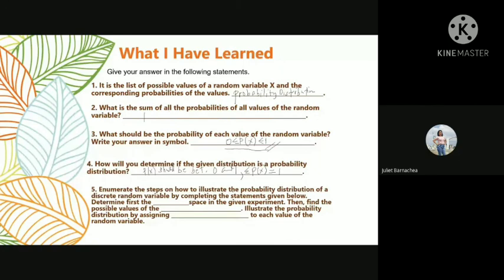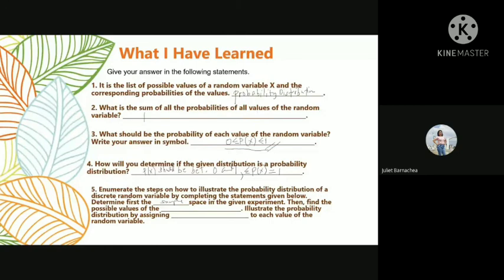Enumerate the steps on how to illustrate the probability distribution of a discrete random variable by completing the statements given below. Determine first the sample space in the given experiment.